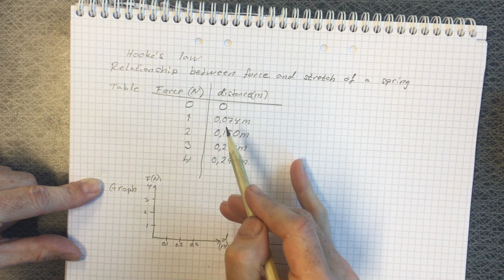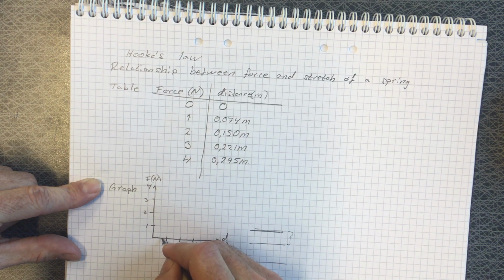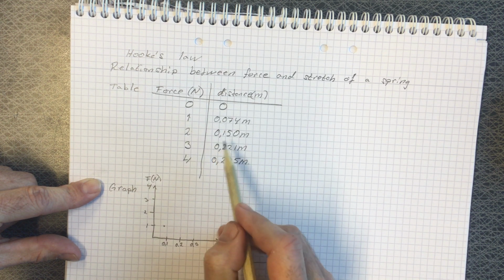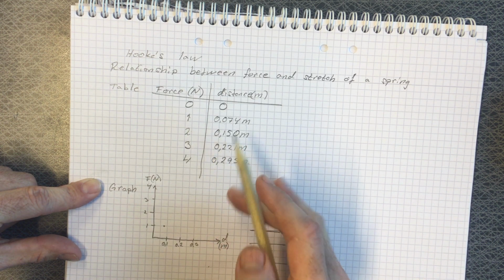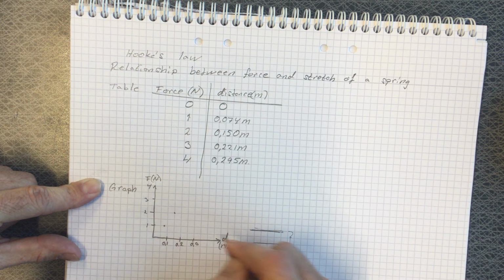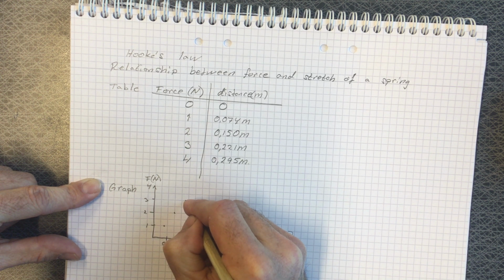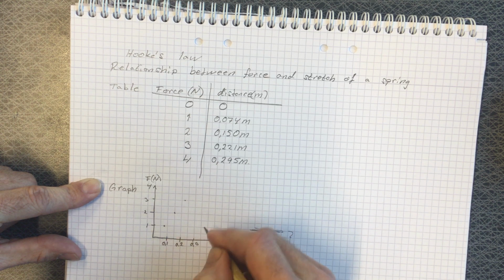So 0.074, it's somewhere here, and then you have 1 Newton. 0.15, it's here, and you have 2 Newtons. 0.22, it's here somewhere, so you have 3 Newtons.